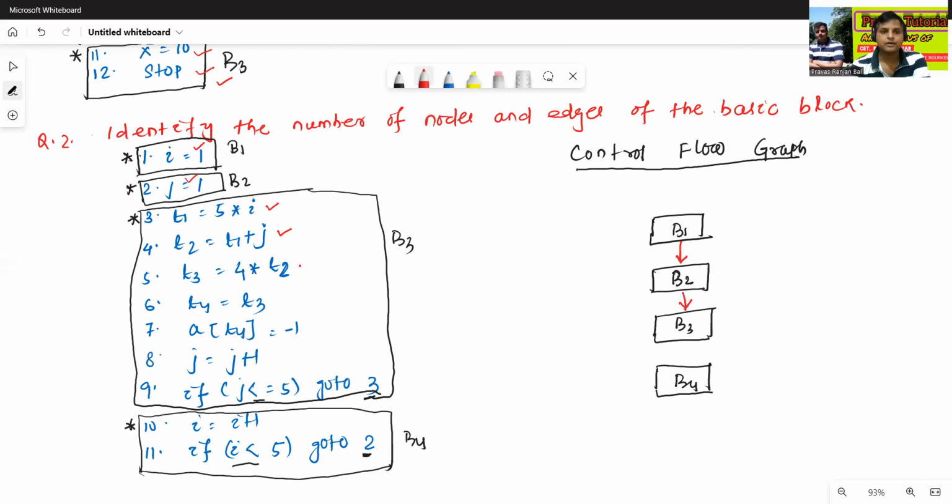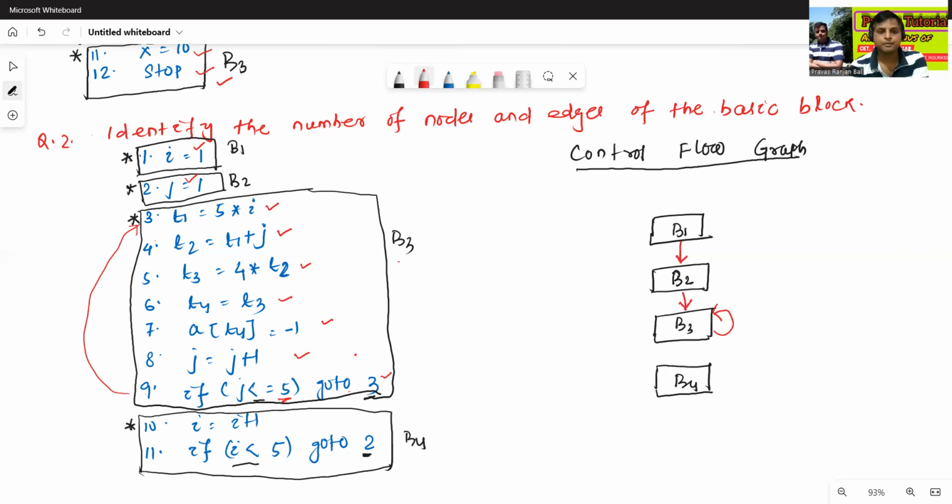Then we execute line numbers 5, 6, 7, 8, and 9. In line number 9, if the condition is true, we go to line number 3. That means we can go directly from B3 block to B3 block.